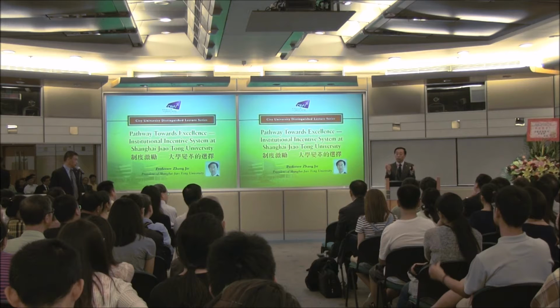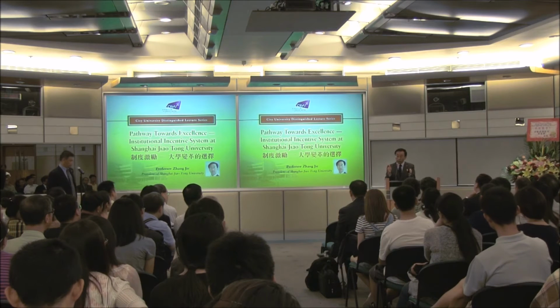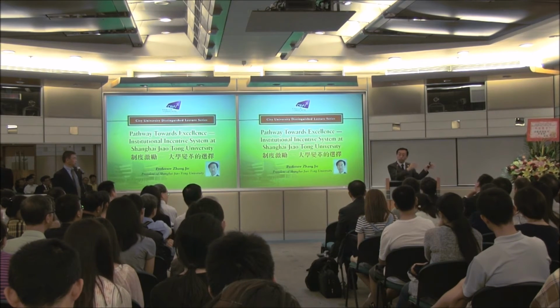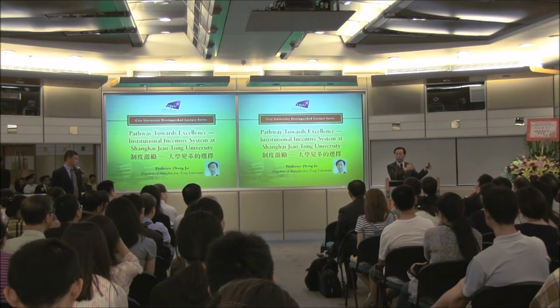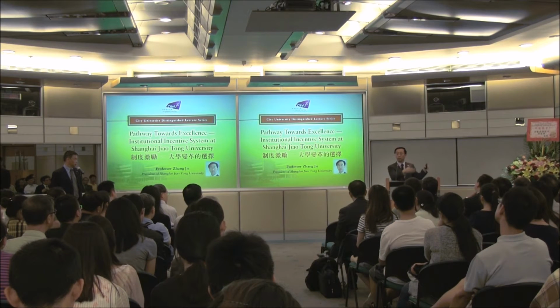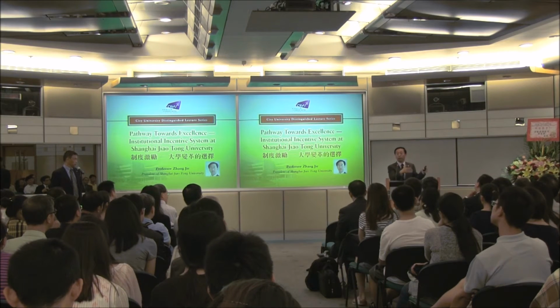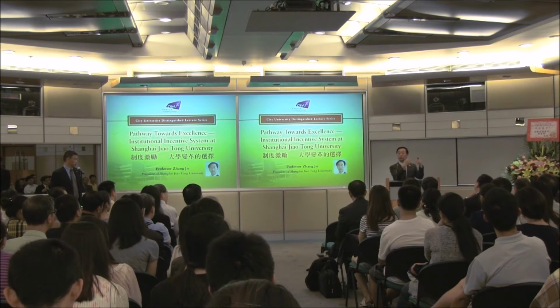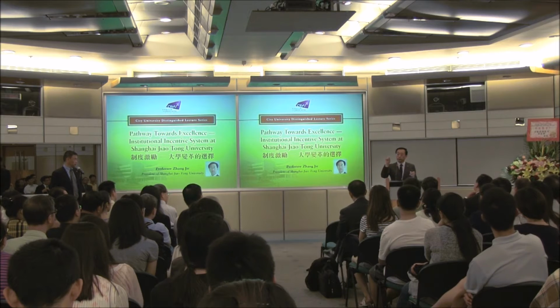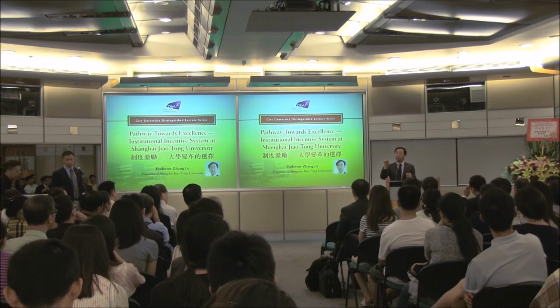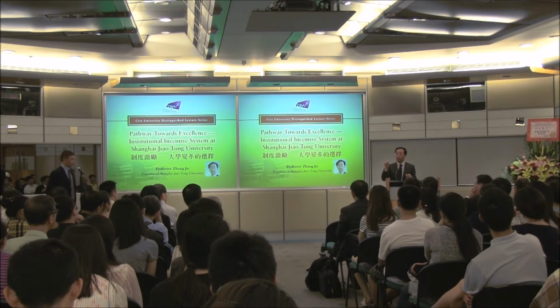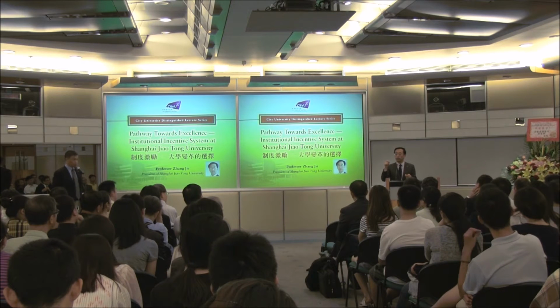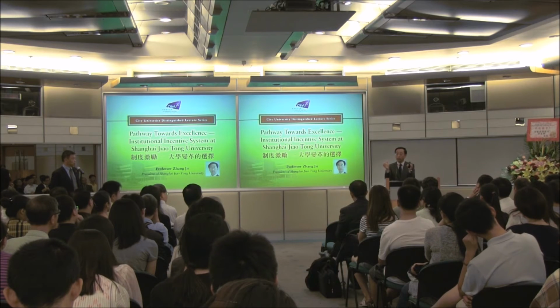The tenure system of the United States was taken from the British system. But the British system is really a permanent appointment system. When you become a lecturer, you will be permanent. Whereas only in the US, they pay very strong attention to the track period.